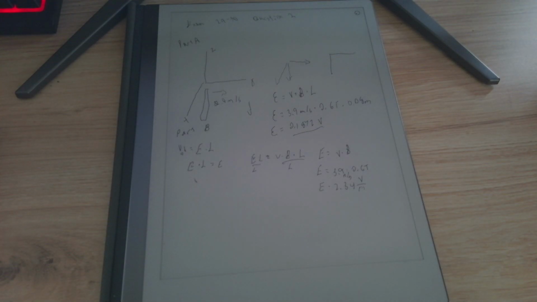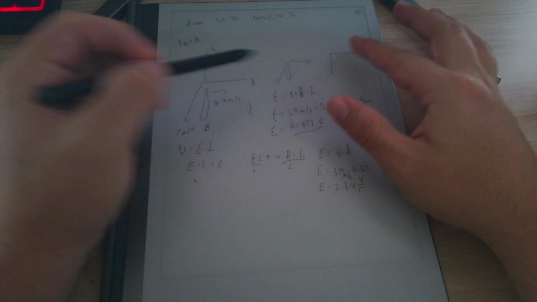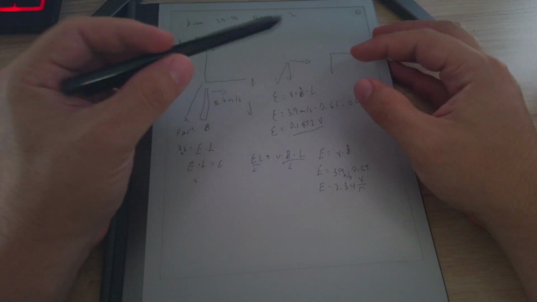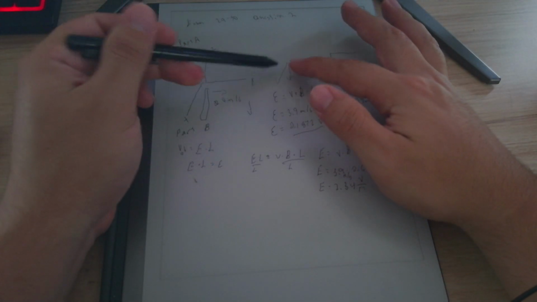Now, in part C, it's going to ask about the direction of the electric field. Since we already understood how these forces work together, we know that our field is going to be moving in the positive x direction.